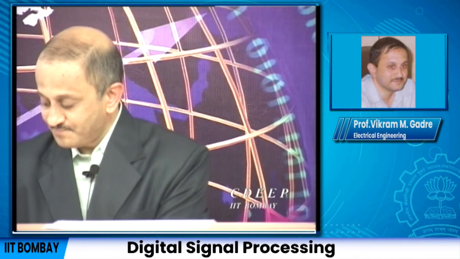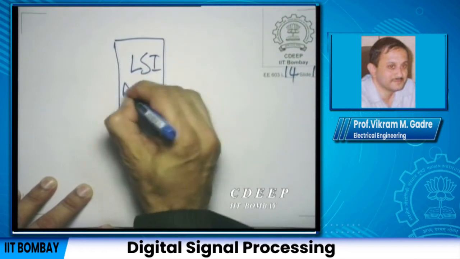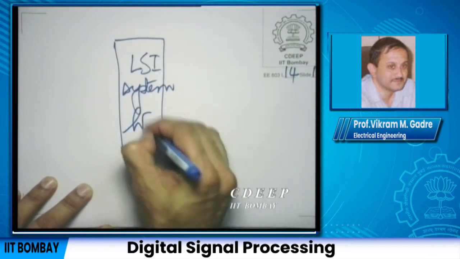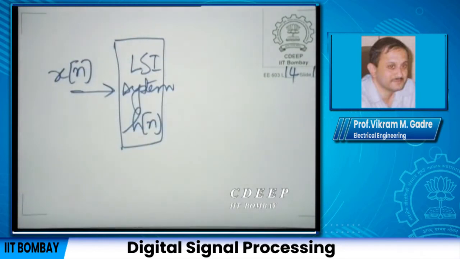Now, you see, we can also give this an interpretation. What we are saying is that if you have a linear shift invariant system with impulse response h n, and if you have a sequence x n, we are saying that as such x n and h n may not have discrete time Fourier transforms, but again you could encapsulate these tigers in a cage, multiply them by suitable exponentials.